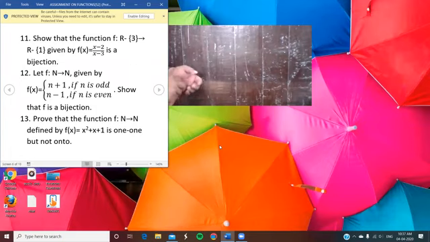Then we have to study invertible functions and inverse of a function. How do you find the inverse of a function? What are the conditions when you say that functions are invertible? We have to study all those types of topics. And after that, inverse trigonometric functions, and that is your last topic.